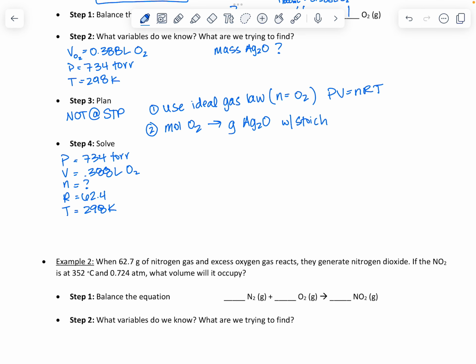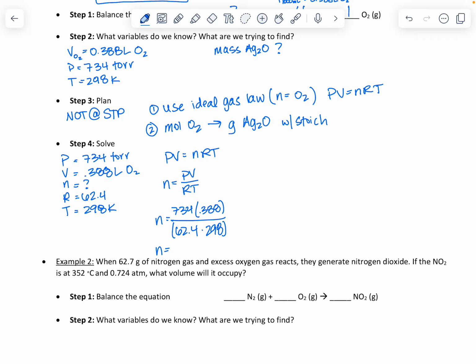All right, so we can go and set that up and solve for N. So N is going to be equal to, we're going to divide by RT to get N by itself. So pressure times volume over R times T. So N is going to be equal to 734 times 0.388 divided by 62.4 times 298.